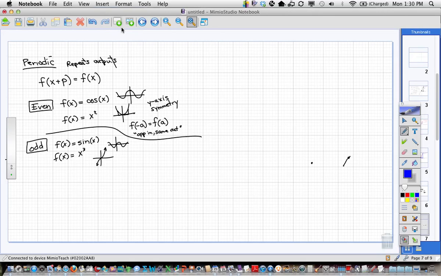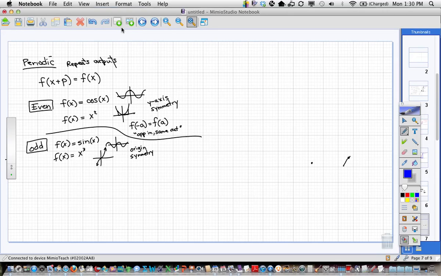Right? Now, what kind of symmetry do those have? Be careful now. Origin symmetry. Everybody always wants to say x-axis symmetry just because the other one was y-axis. It must be. It's called origin symmetry.